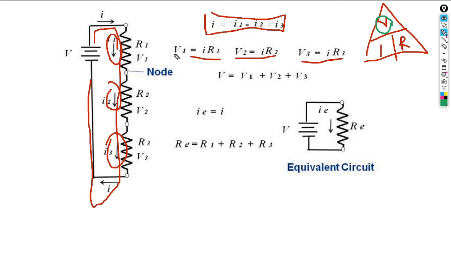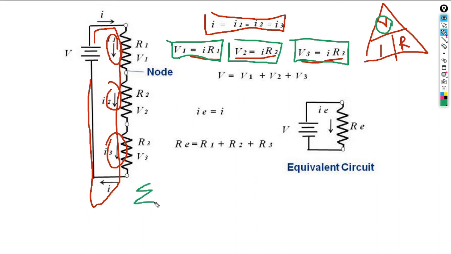And as you can see, the voltage drop across each resistor is different in a series circuit. Using our Kirchhoff loop law, or you can call it Kirchhoff voltage law, we know that the sum of the rise voltage, like in physics, is equal to the sum of the drop voltage.